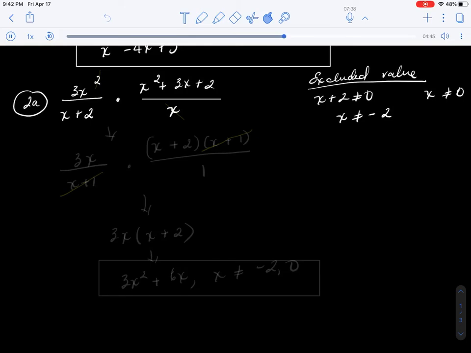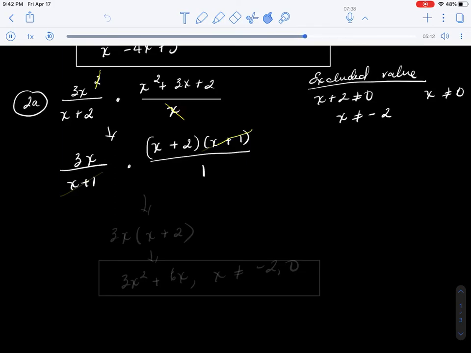I want to cross this out, and then I'm going to cross that out. So I'm going to have 3x over x plus 1 multiplied by x plus 2x plus 1 over 1. So let's see if I can cancel one more thing out.